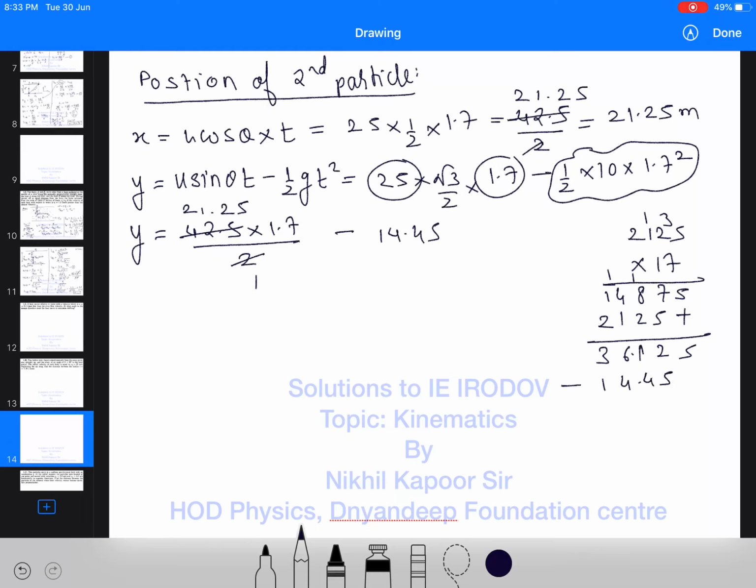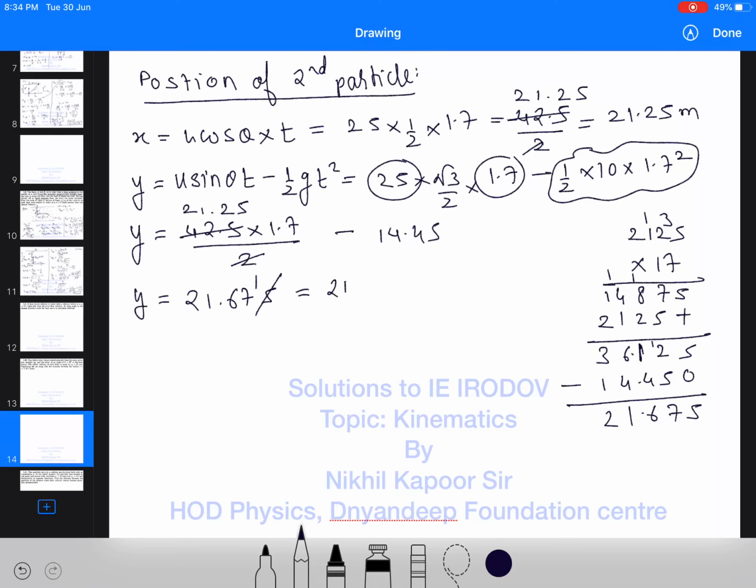Nothing is here, so this is 5, and 1 carry, 12 minus 5 will be 7, then 1 carry, 10 minus 4 will be 6, 5 minus 4 will be 1, and 3 minus 1 will be 2. So you will get the y coordinate as 21.675. Let's round this off.